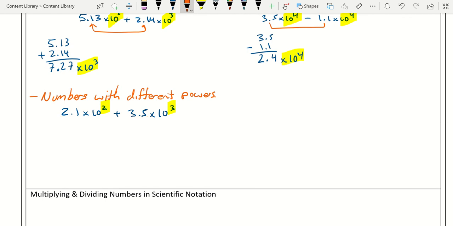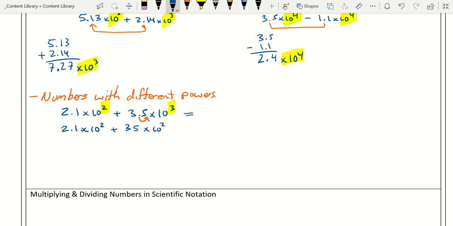So let's do this one. If we move the decimal of the 3.5 to make 35, then we can rewrite this same expression as 2.1 times 10 to the 2 plus 35 times 10 to the 2. When I moved this decimal over to the right once, this went down by 1 digit.